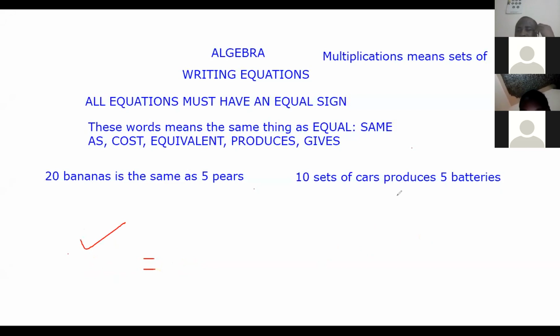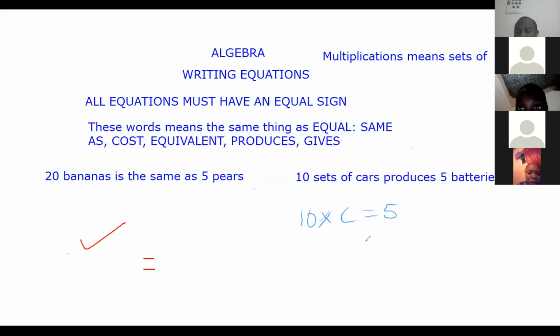Zaria, Dujan, Devonique, what's the answer for this one? 10 sets of cars produces 5 batteries. 10 multiplied by a variable equals 5. Equals 5 what? 5 B's.